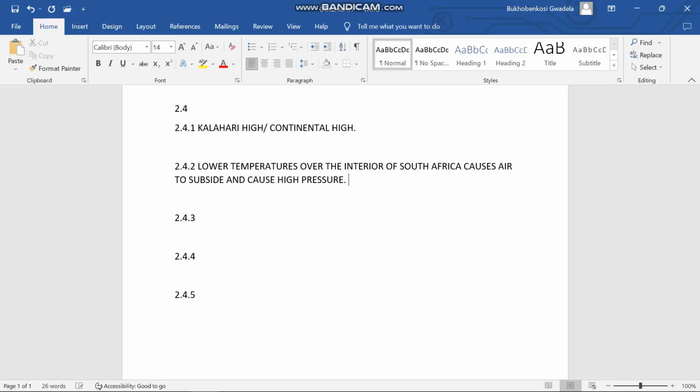Yes, that's how it goes. Lower temperatures over the interior of South Africa cause air to subside and cause high pressure. That's your 2 marks.